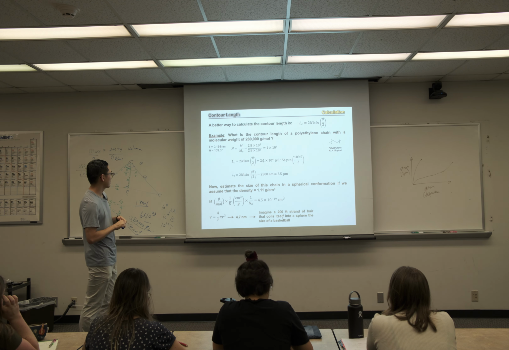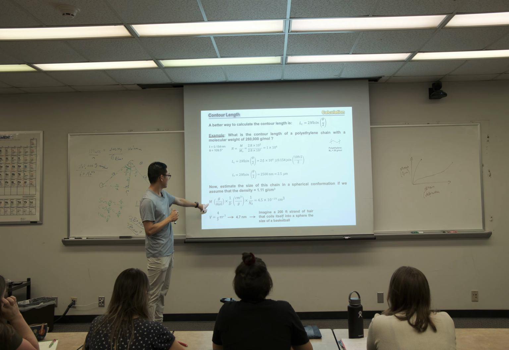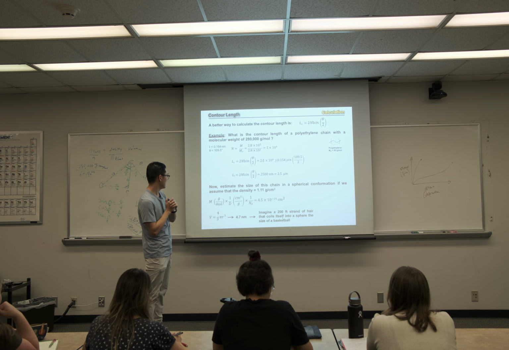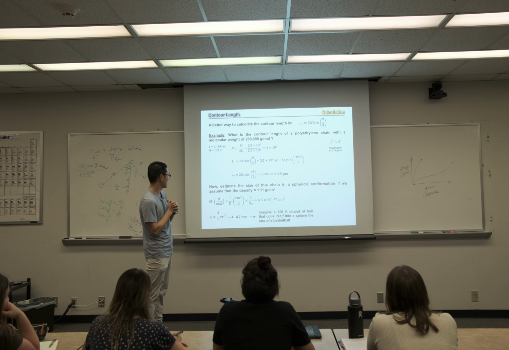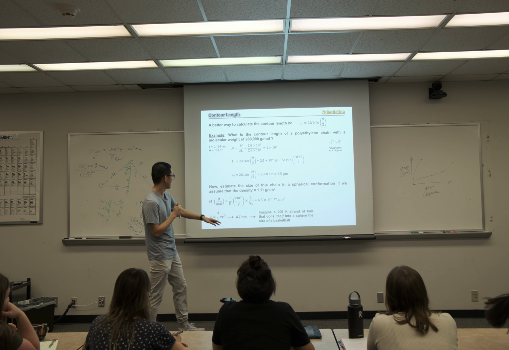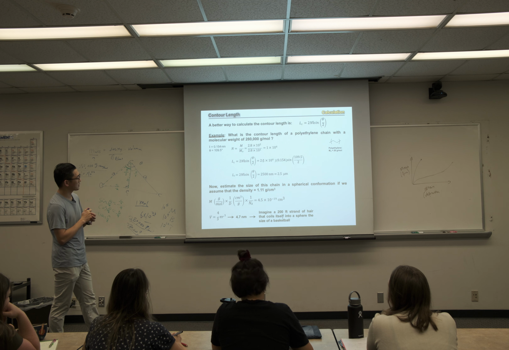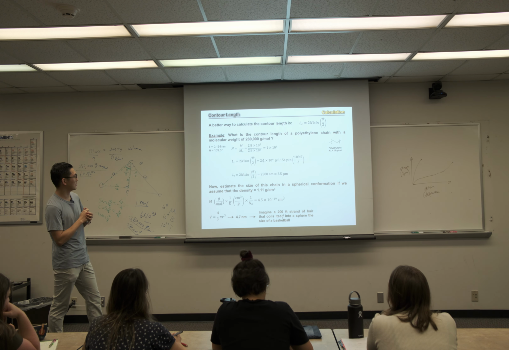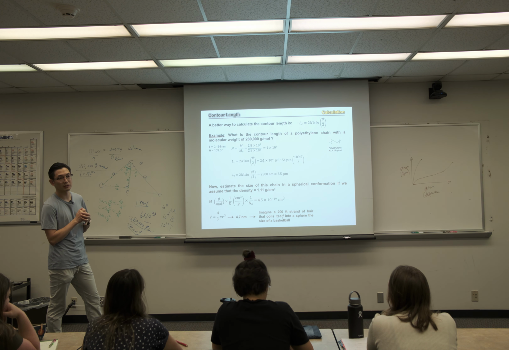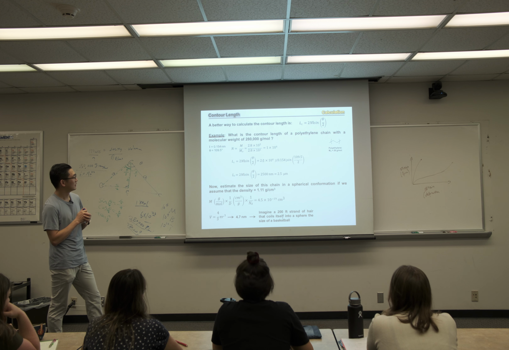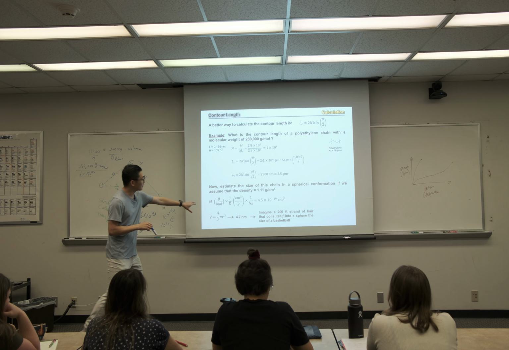Because this tells you grams per mole, right? So we need to get cubic centimeters, so it should be the mole. But let me look it up. What's the unit for N_A? It must be 1 over the mole. Otherwise, it doesn't make sense, right? But this calculation should be right.